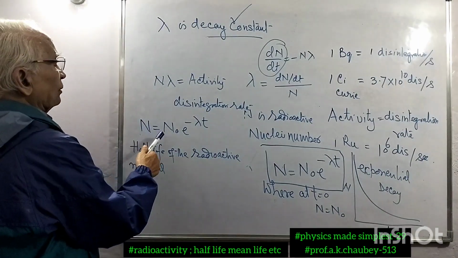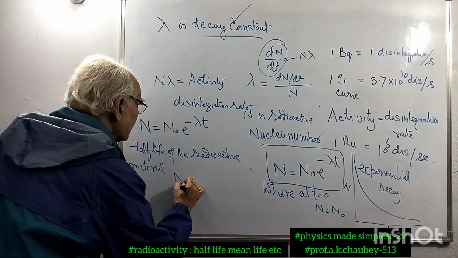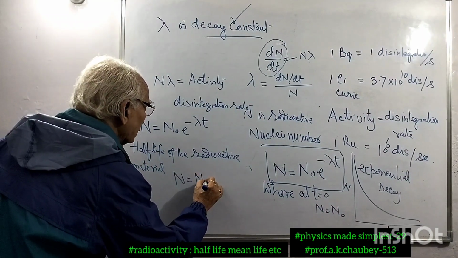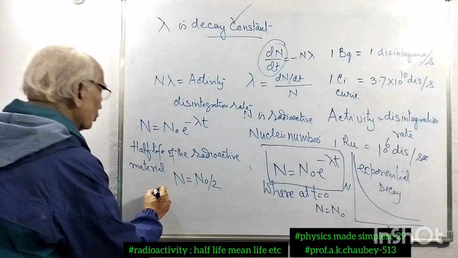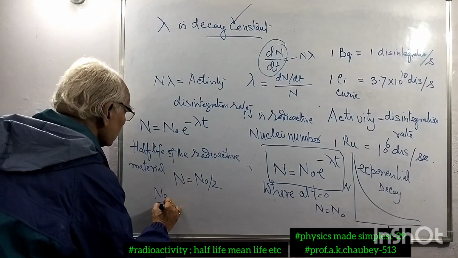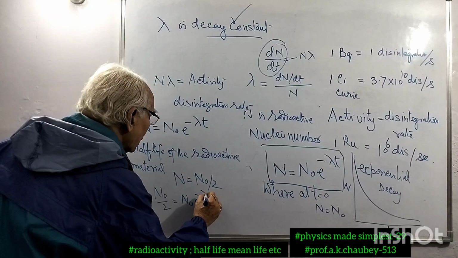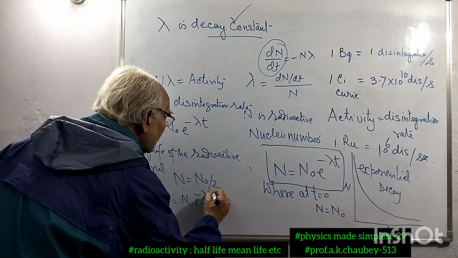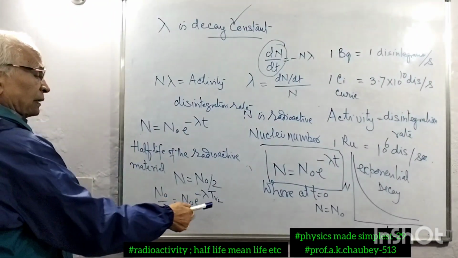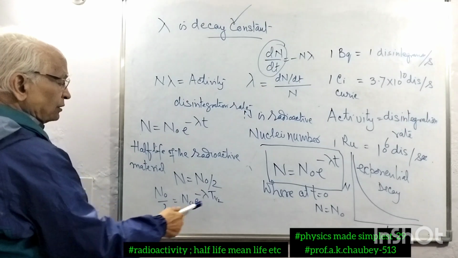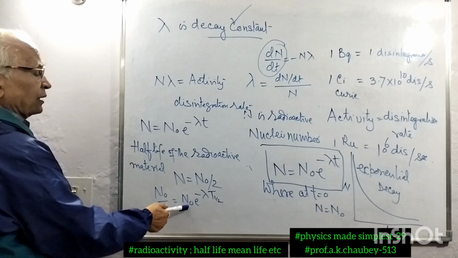So suppose N is equal to N naught by 2, half of the initial. You put this here, N equal to N naught by 2, N naught e to the power minus lambda, and this t we write as T half-life. So the time after which the number of radioactive nuclei is half of the initial number.